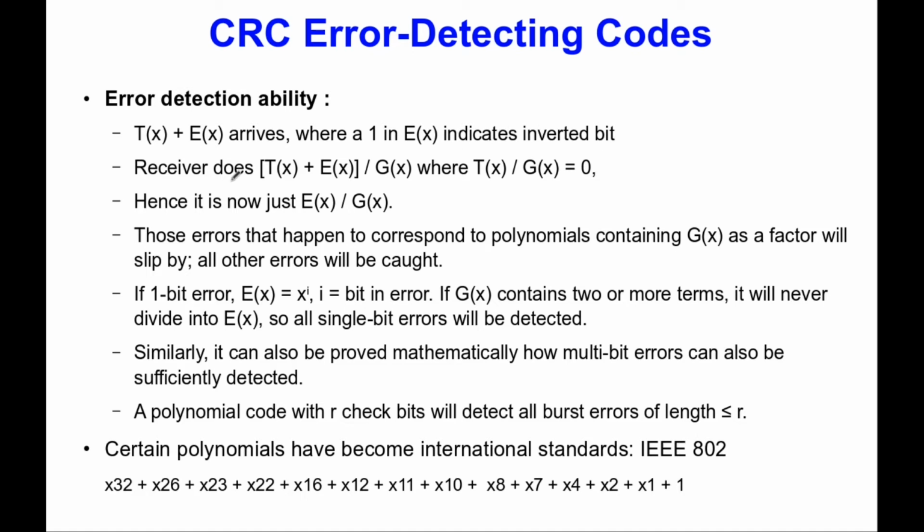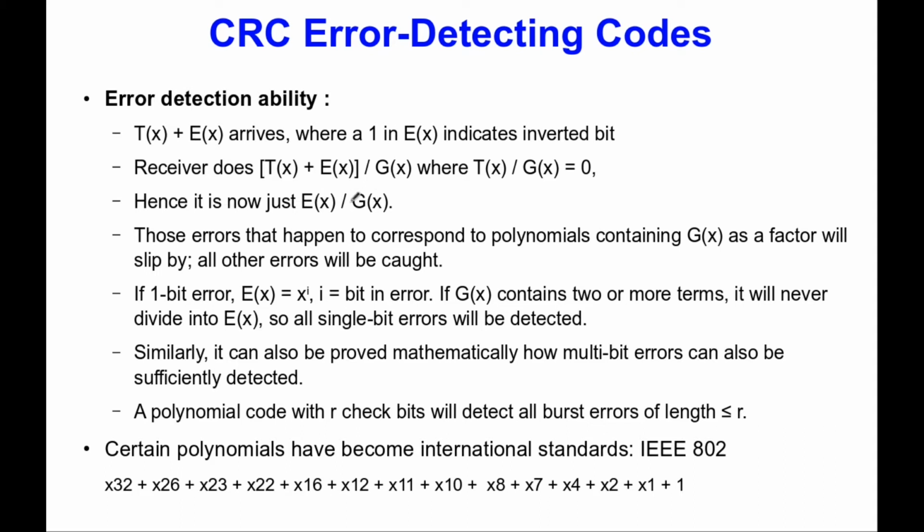So for the receiver, whatever it has got, that received term has to be divided by the generator polynomial. So it tries to divide the Tx plus Ex combined by Gx. But we know that the Tx was an integral multiple of Gx. That's why Tx upon Gx will always become 0, the quotient. Hence, the total equation Tx plus Ex upon Gx effectively becomes Ex upon Gx.